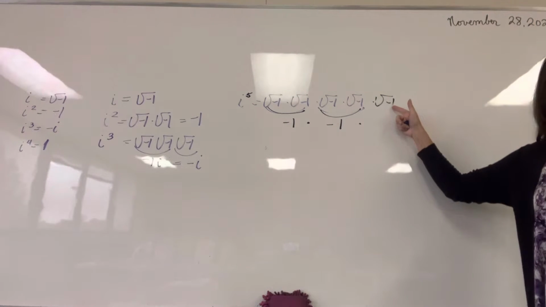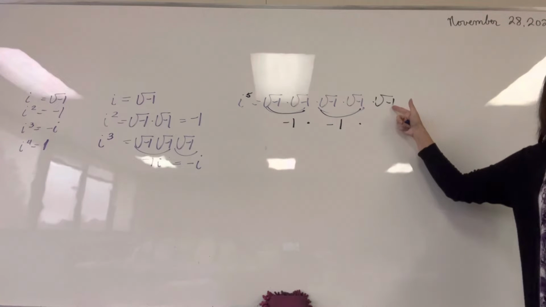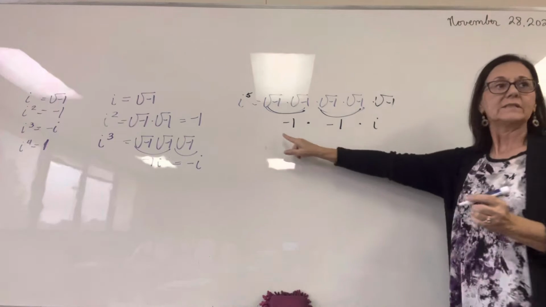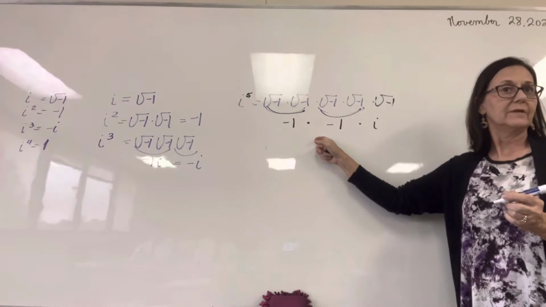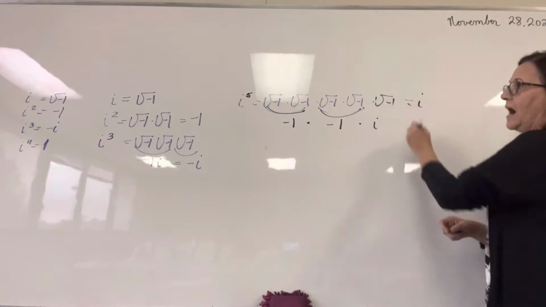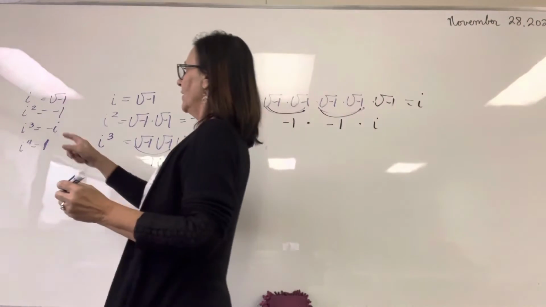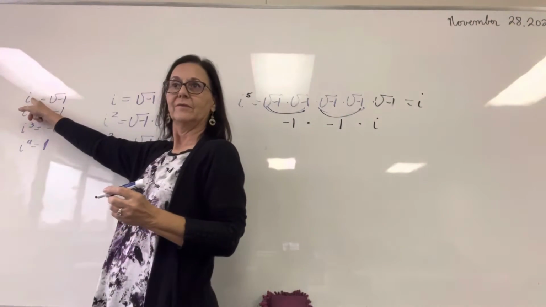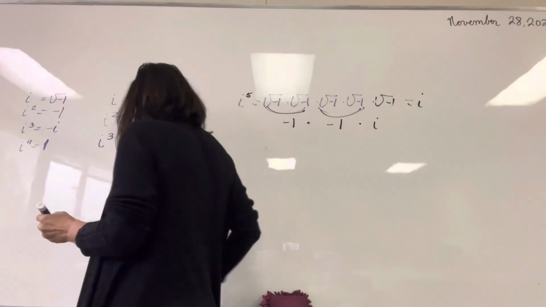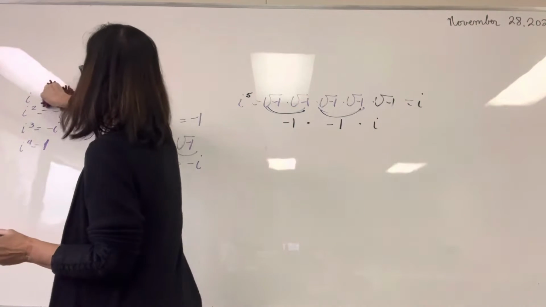The square root of negative 1 is what? i. Okay, what's negative 1 times negative 1? 1. Times i. i. So i to the 5th is i. But i to the 4th is just 1. Okay, I understand.